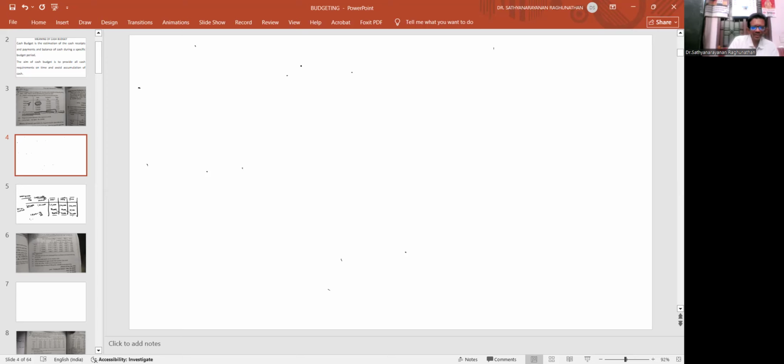Now you have to write the heading as cash budget for the months April, May and June. Like this, you have to first give the heading.